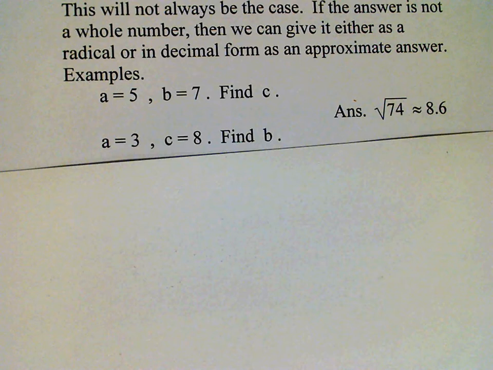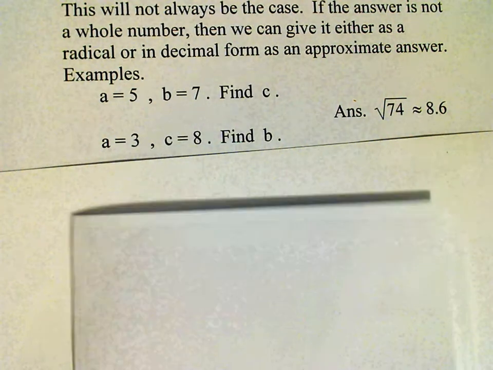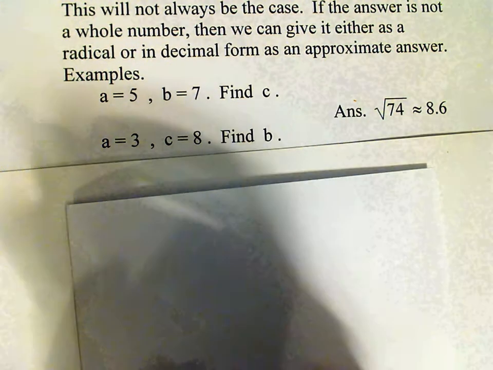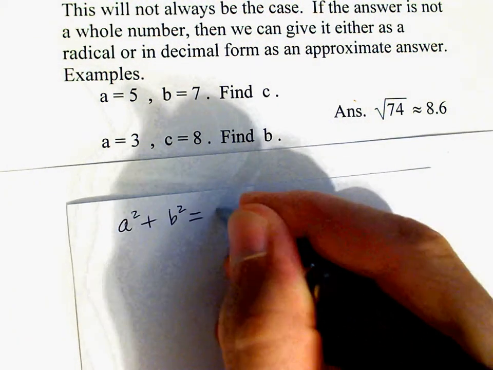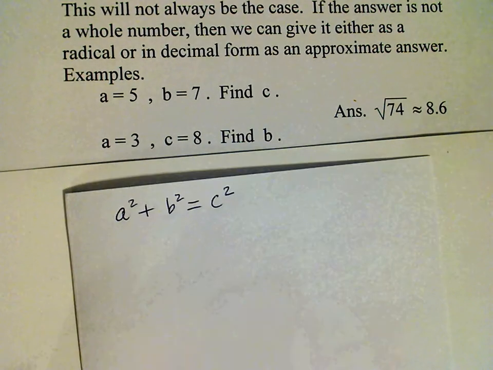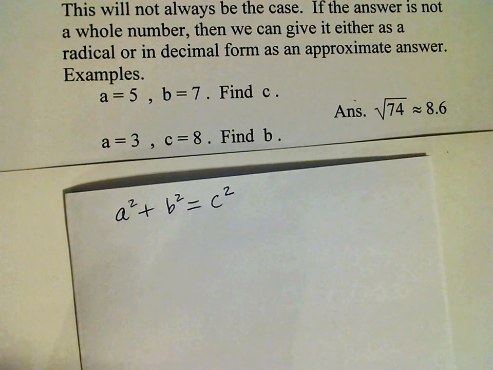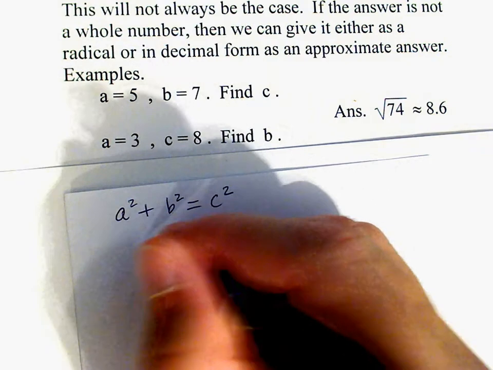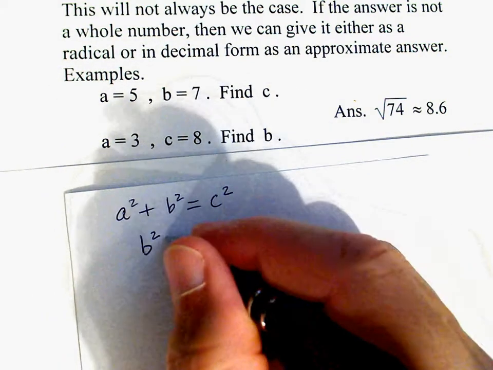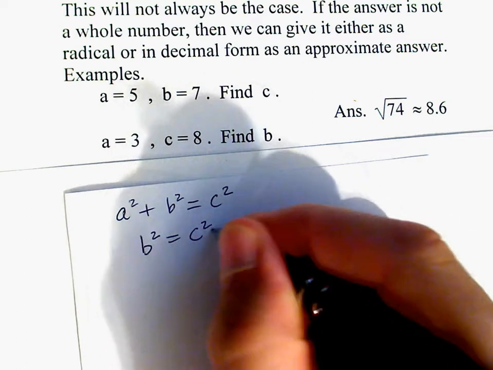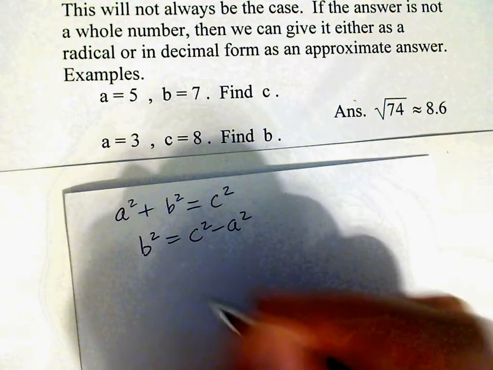Okay, now we have a equal to 3 and c equal to 8. We need to find b. Okay, so this time we need to have the b squared on the left-hand side. So c squared minus a squared this time.